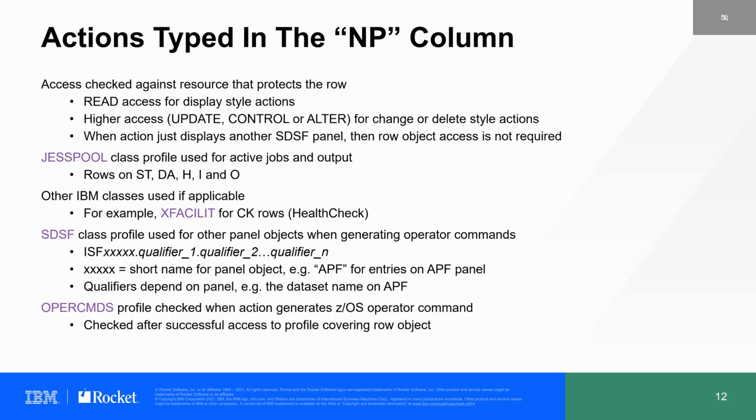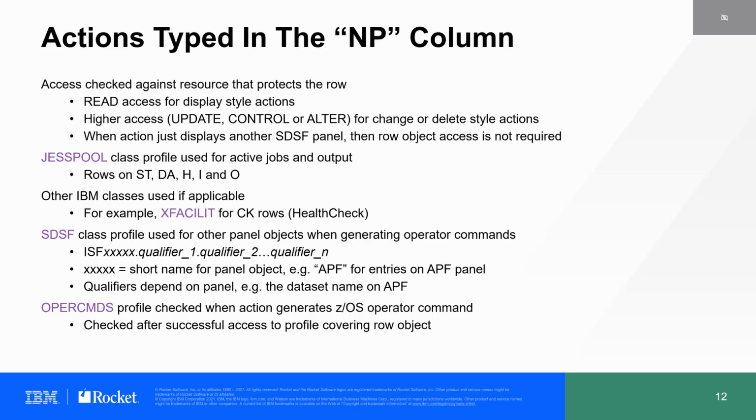Okay, so the other thing that you're going to do in the product is you're going to type an action in the NP column against a row on an SDSF panel. So normally you need sort of read access against that object for display style actions, but you might need higher access, update, control, or alter for change and delete style actions.